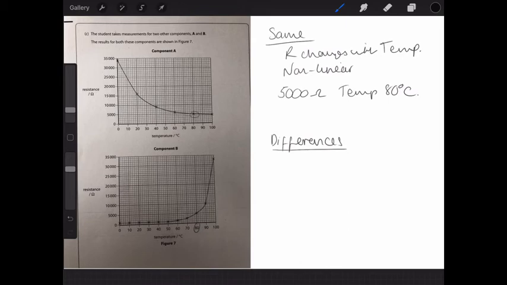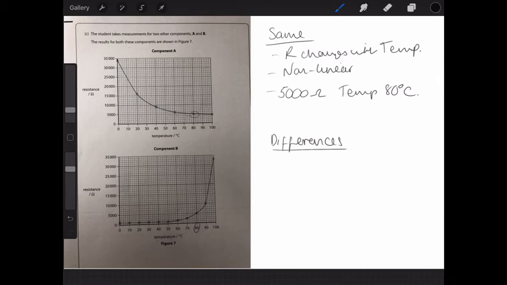So these two components, and they're not asking us what these components are, you may have worked that out, but they're looking for what's the same about these two graphs and what's different about these two graphs. So I think we've done pretty well finding three things the same there, and for 3 marks you're probably only going to need one similarity and one difference explained clearly and well.